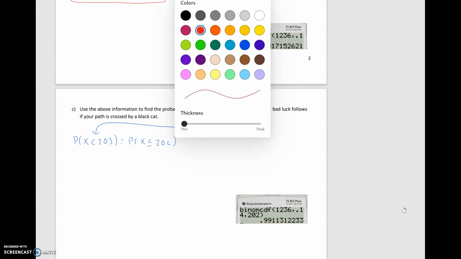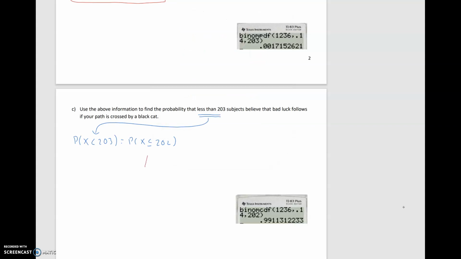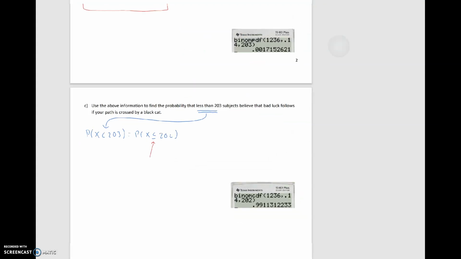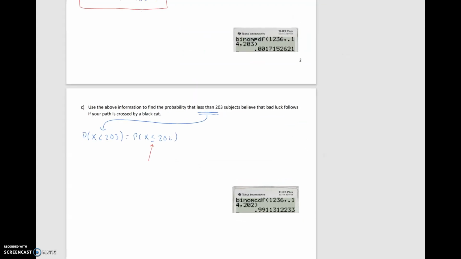And this is important because your answers are not going to match with the software. It's going to be a little bit off. Here we're talking about actual subjects. So less than 203, it doesn't say or equal. That means you have to round down to the next integer that includes or equal.